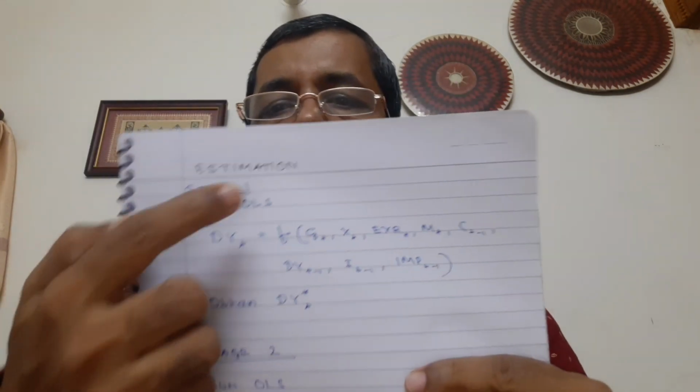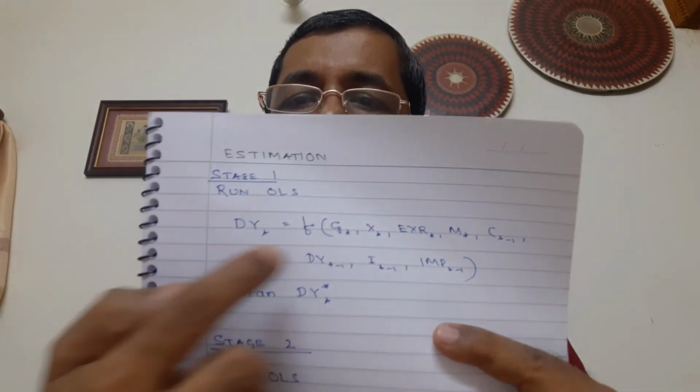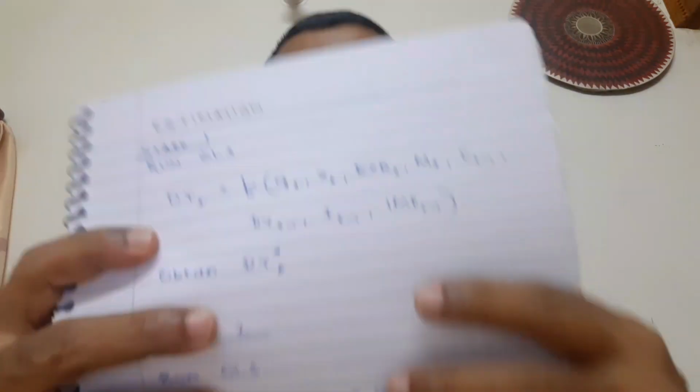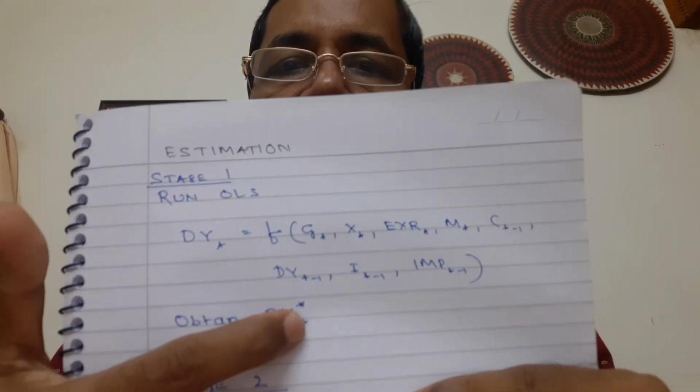So in the first stage we'll run a regression of dyt on all those 8 predetermined variables, and from this regression we'll get the estimated value of dyt, which we write as dyt star. This dyt star now becomes a proxy for dyt, and will be used in the second stage as an instrument for dyt.